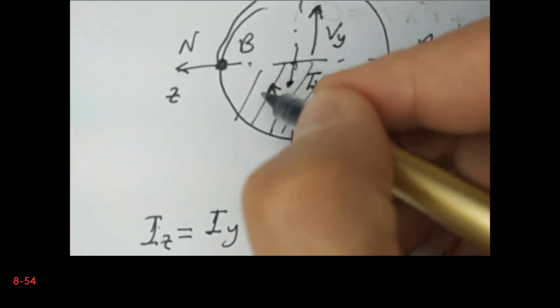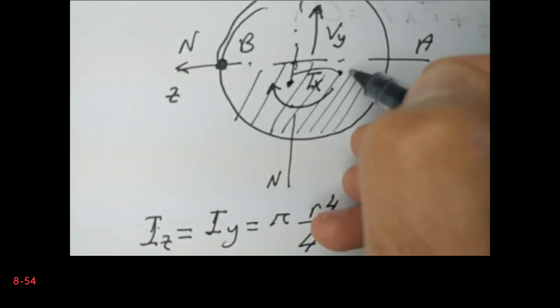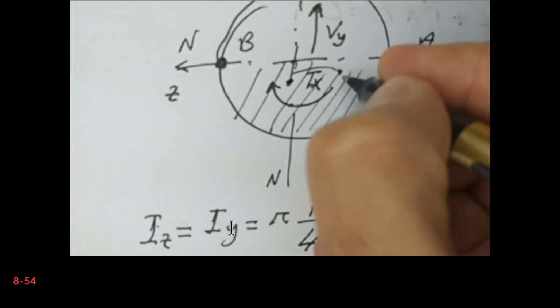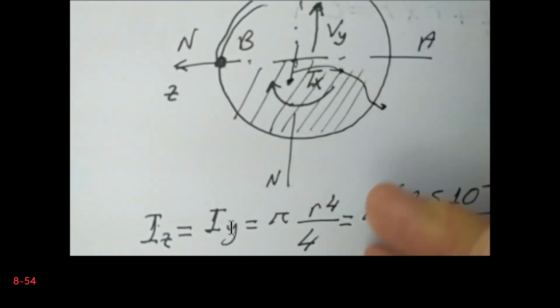In fact, this distance is already known from the geometry, so that is (4r) divided by 3pi. Okay, now let's calculate the moment of the area.